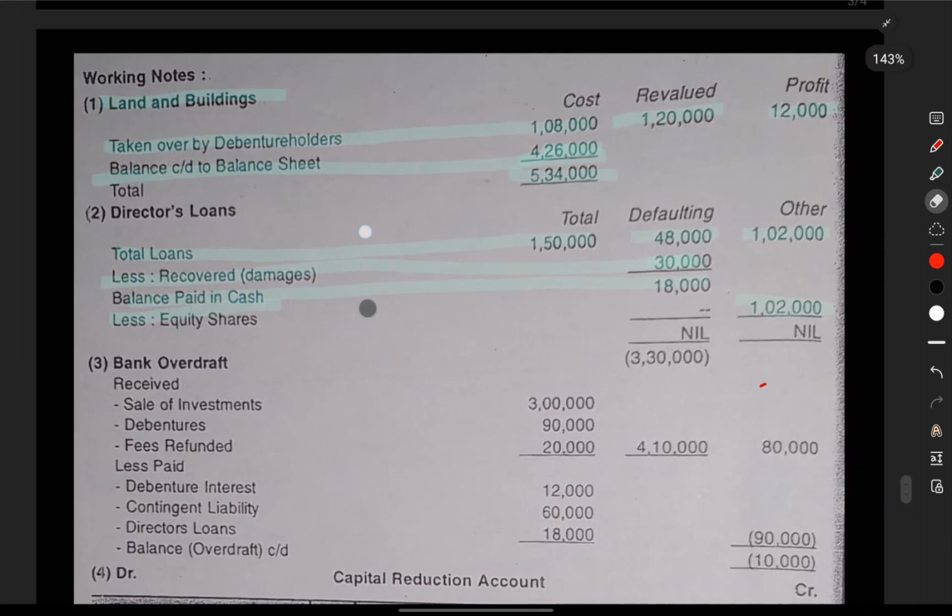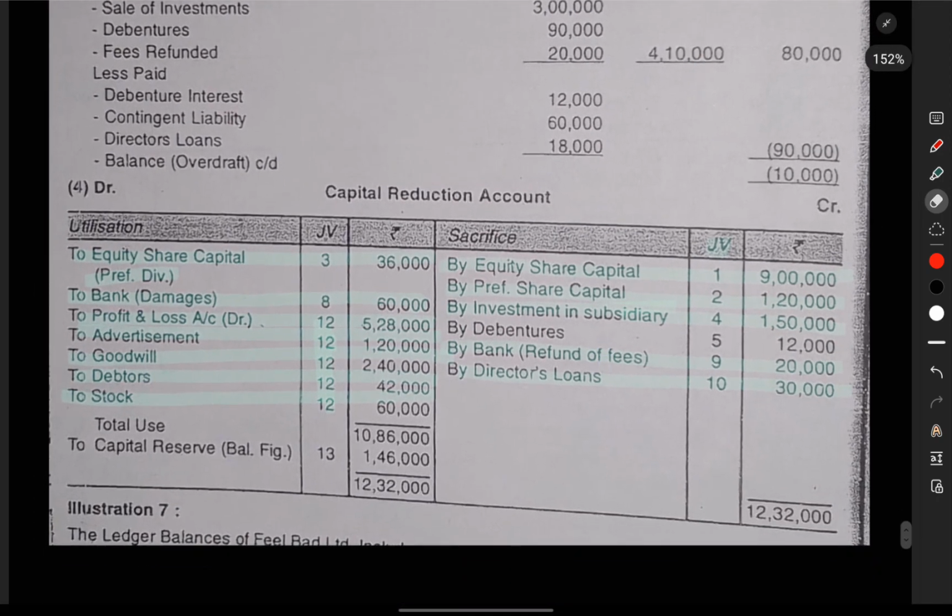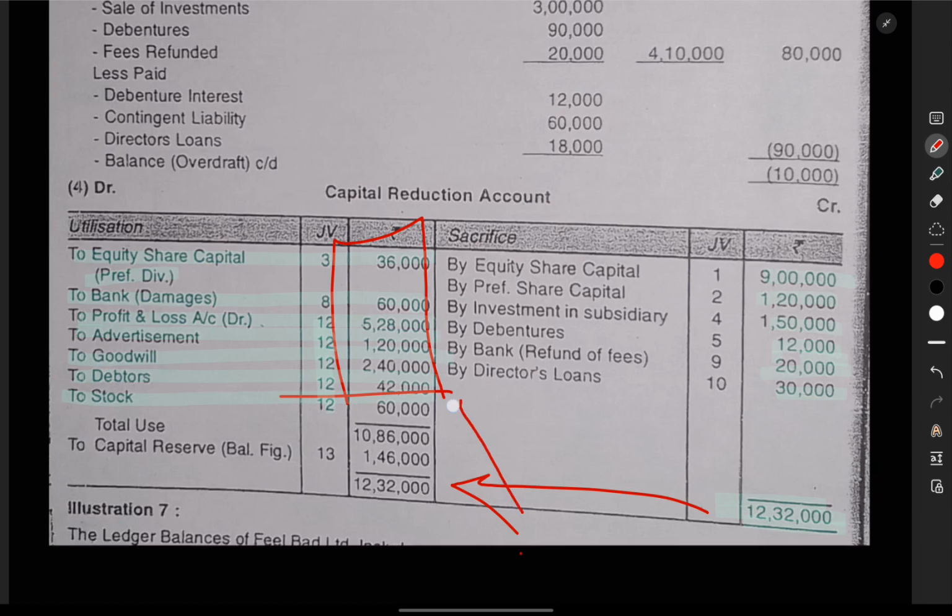So now we are going to tally our capital reduction account. We have to first add all the credit side amounts. We will get 12,32,000 as a total. Write the same amount to debit side, and then make total of this amount and subtract this from 12,32,000.